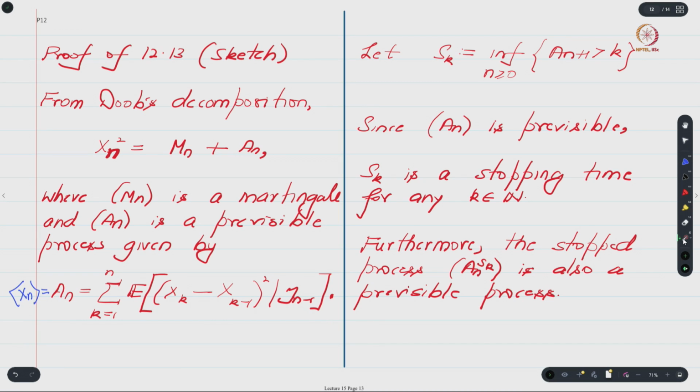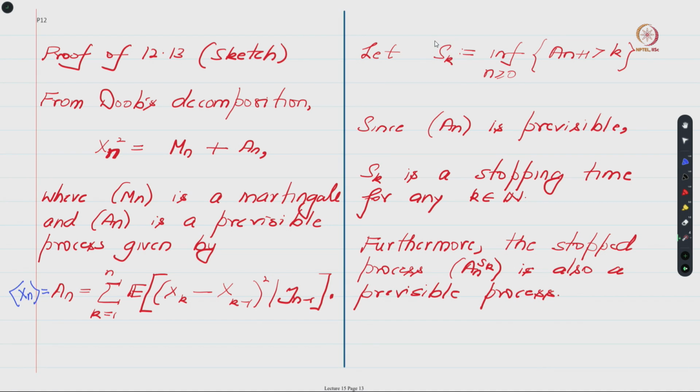So let me summarize. From the Doob decomposition, we know that x_n squared can be expressed as M_n plus A_n, and A_n has this description which corresponds to the angle bracket process corresponding to x_n. In the proof of 12.13, the clever thing that is used is the definition of this stopping time. Once you read this proof and understand, you will see that this is a very clever definition.